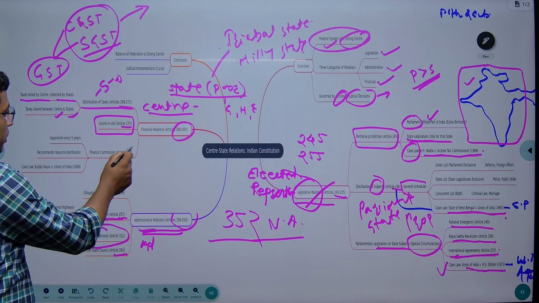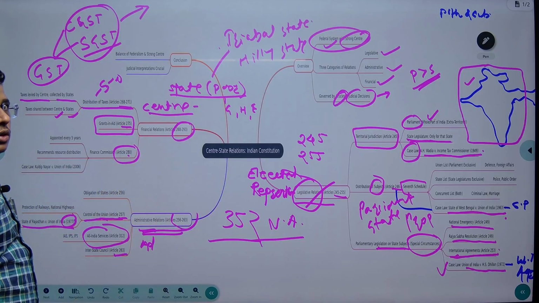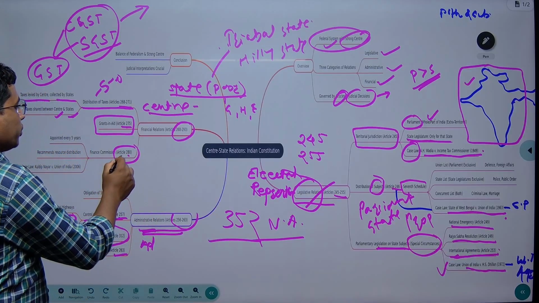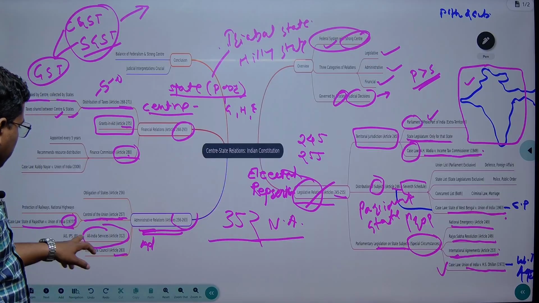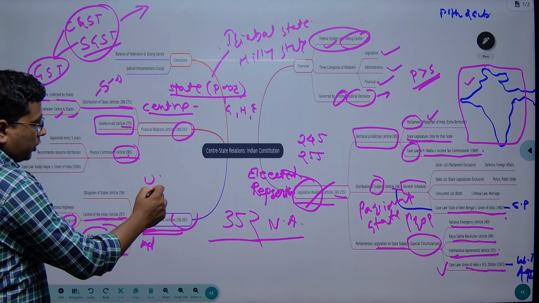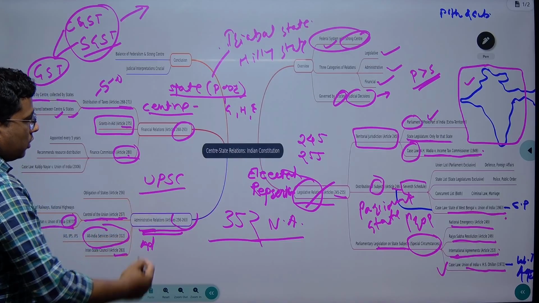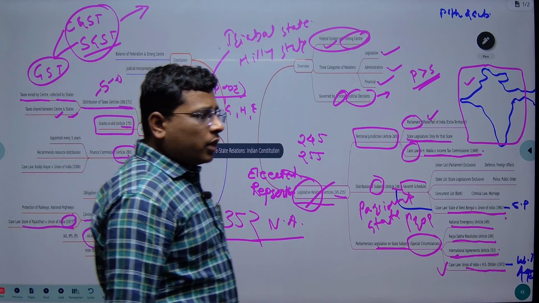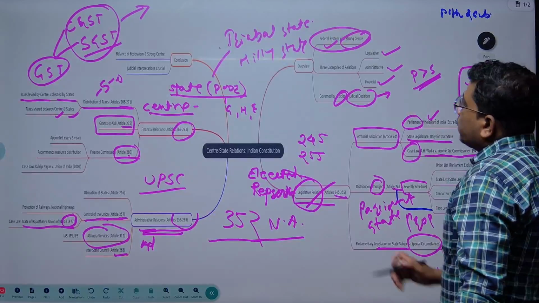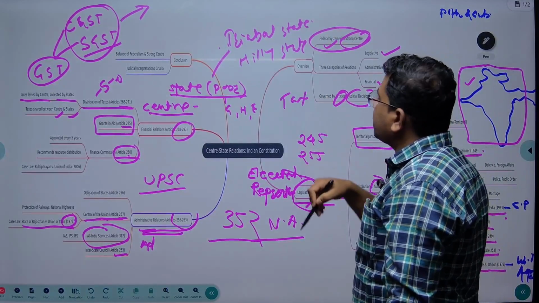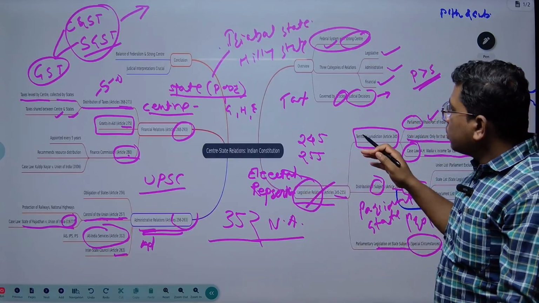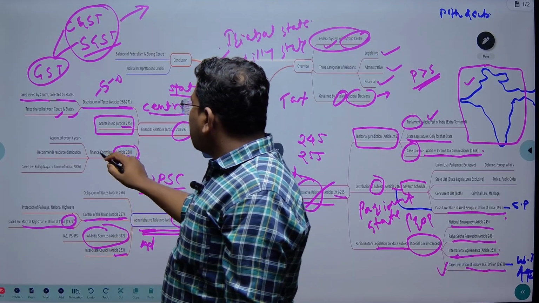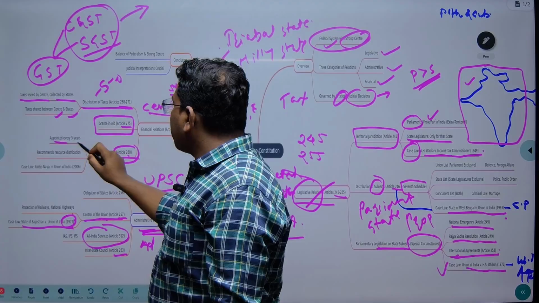Then the Finance Commission under Article 280. Whatever bodies come in the constitution are called constitutional bodies. So the Finance Commission is a constitutional body, UPSC is a constitutional body, right? The main aim of the Finance Commission is to recommend the distribution of the taxes collected by center and state, right? The Finance Commission is appointed every 5 years.